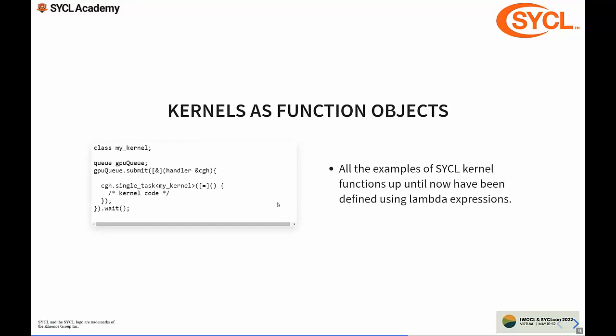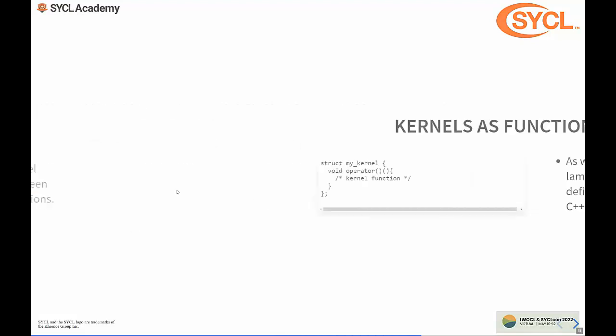So far, we were talking more about the way to call a single task with a lambda. Let's have an example where we can call it via a class with a function operator implemented.